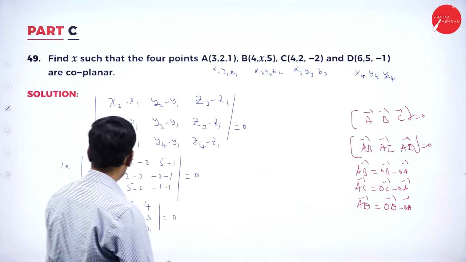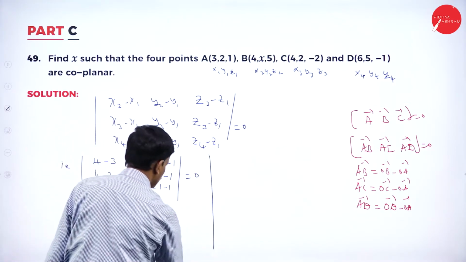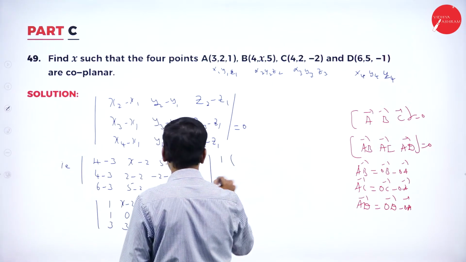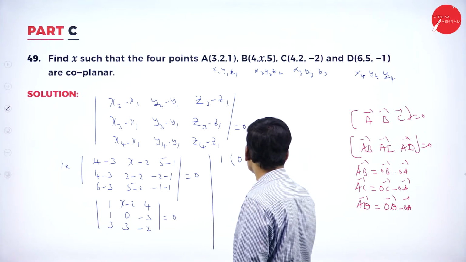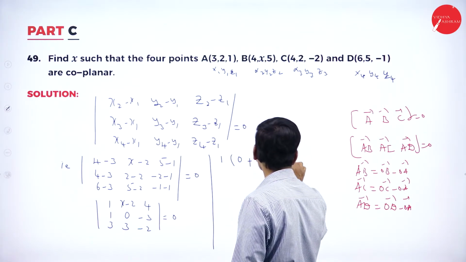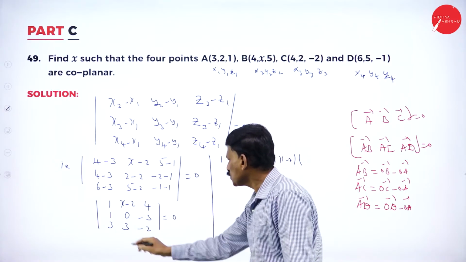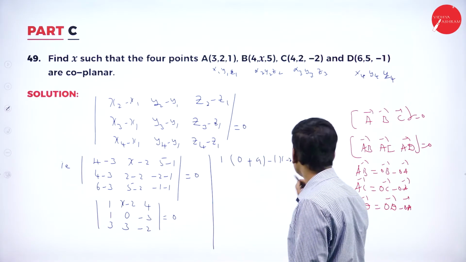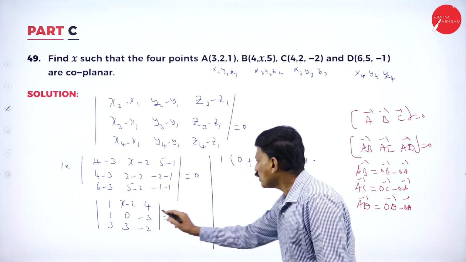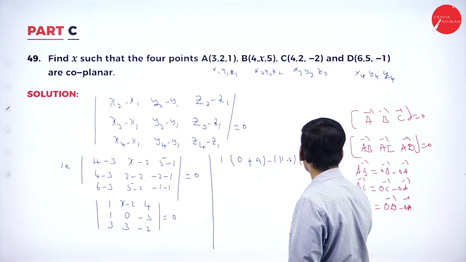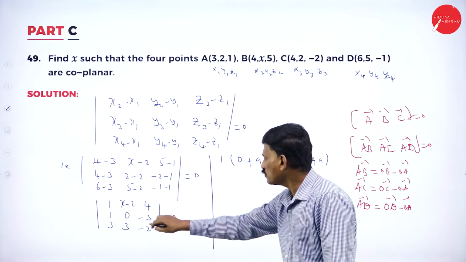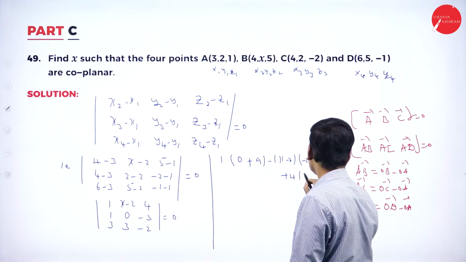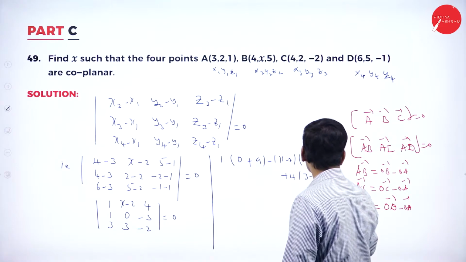So if you simplify, expand with respect to the first row, what are you going to get? 1 into, see, 1 into 0 into 2 is 0, minus into minus plus, 3 3s are 9, minus x minus 2 into, this row and column is gone, 1 into minus 2 is minus 2, again minus into minus plus, 3 3s are 9, again plus 4 into, this row and column is gone, 1 into 3 is 3, minus 0, this is equal to 0.